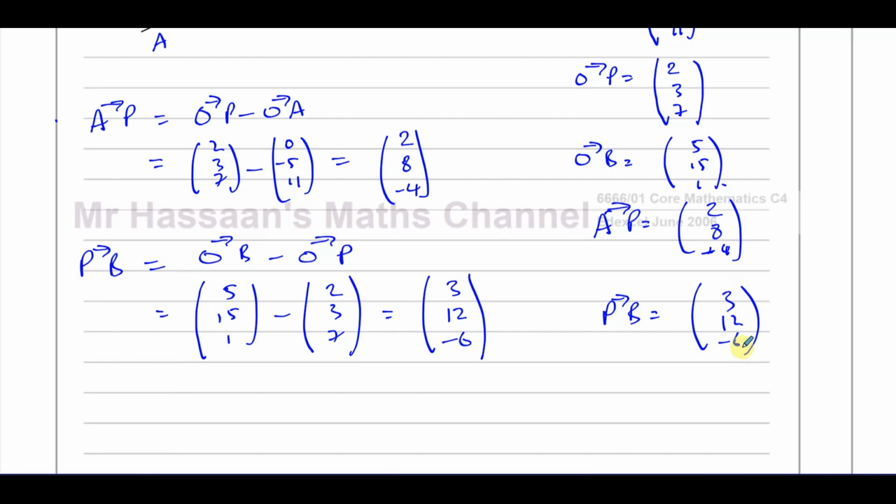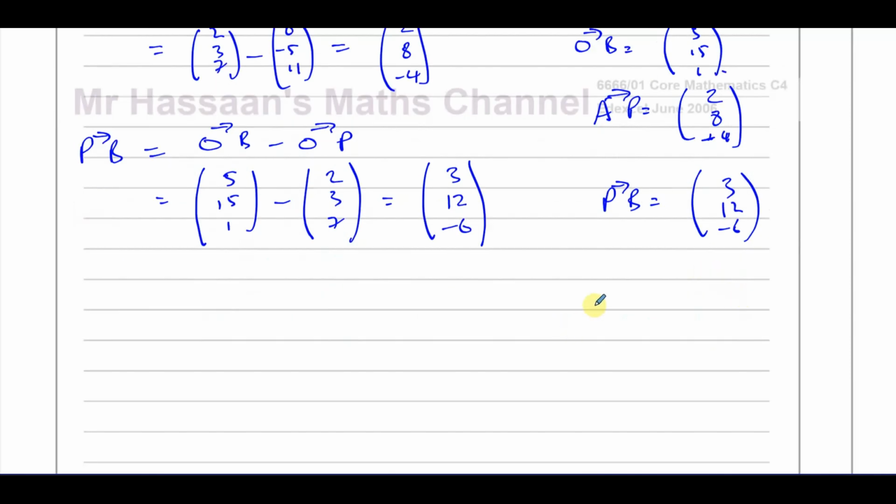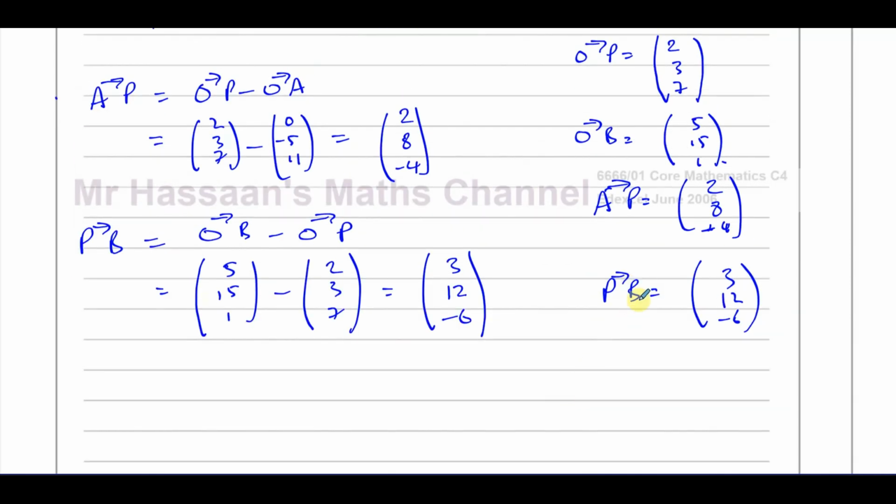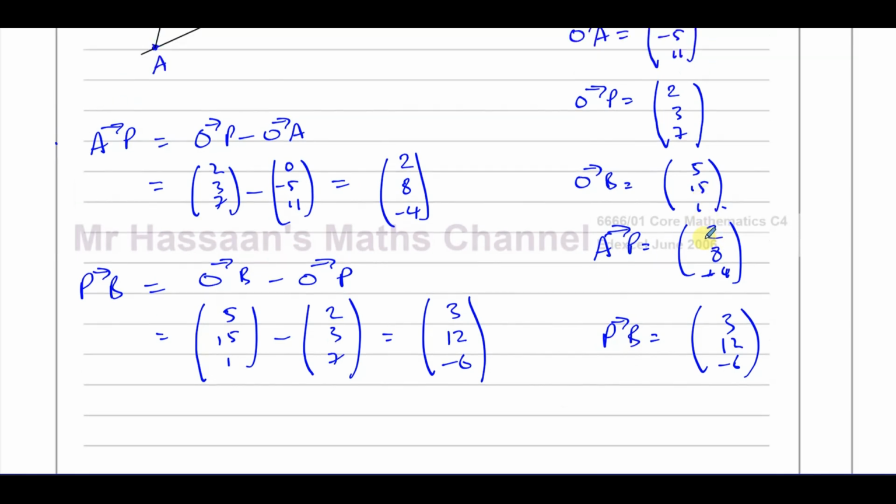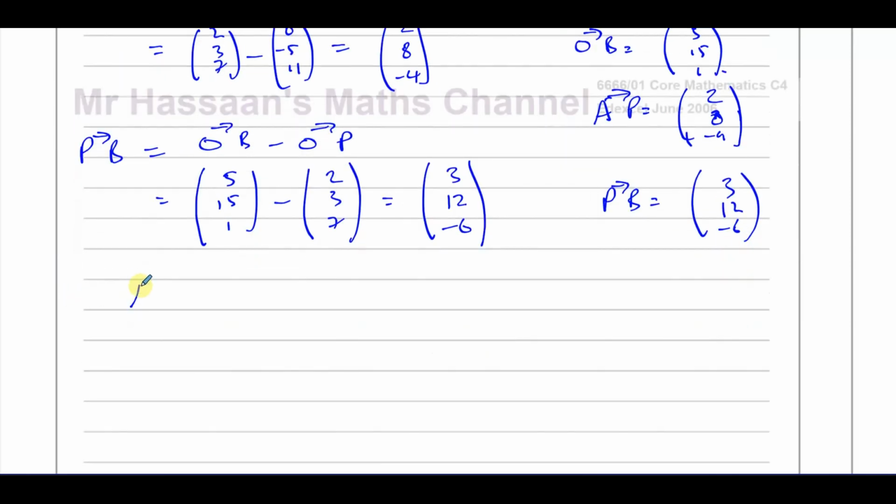Now what we can do here, let me just write this neater, A to P is 2, 8, and negative 4. I'm going to take the vector A to P and factorize it. A to P can be written as 2 times 1, 4, minus 2.